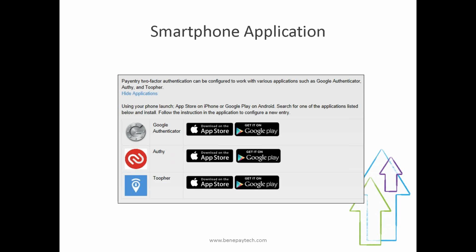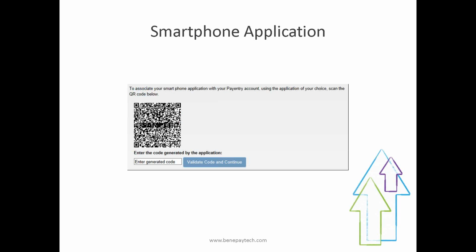If you choose to use a smartphone application, you will need to download the application from the Apple App Store or Google Play from your smartphone. Once you have downloaded and set up the application on your phone, the application will use your phone's camera to scan a QR code.